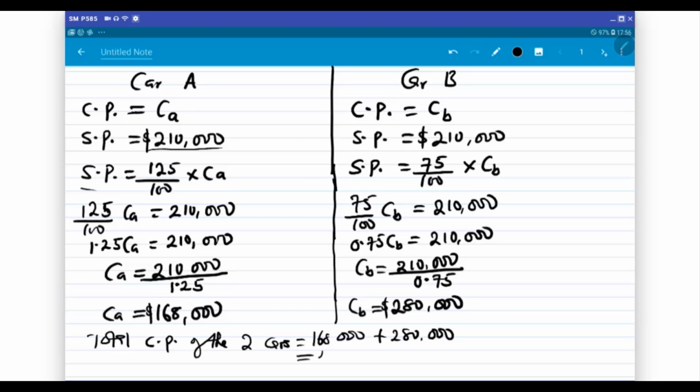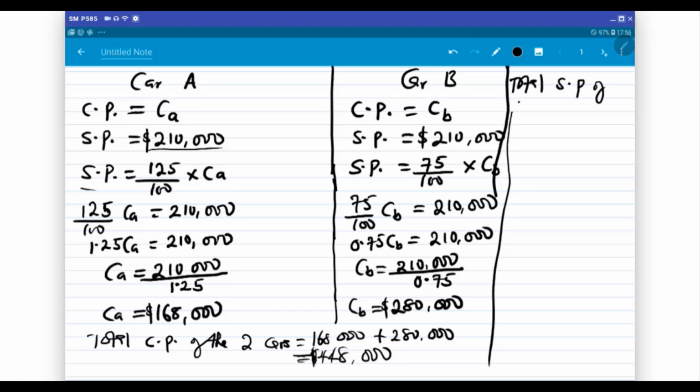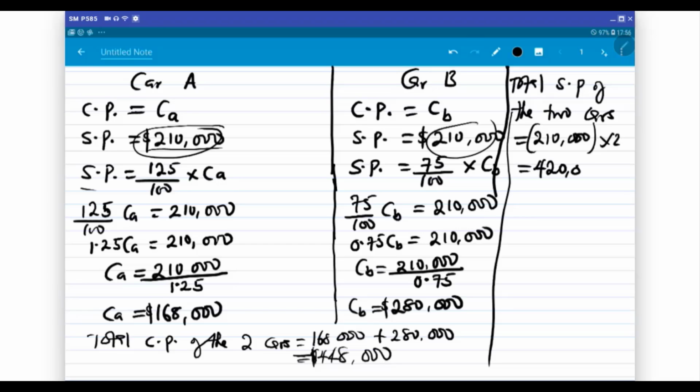You have $448,000 total cost price for the two cars. Now, what is the total selling price for the two cars? The first one is 210,000, the second one is 210,000, so that will be 210,000 plus 210,000, or 210,000 times 2. All right, giving us 420,000.